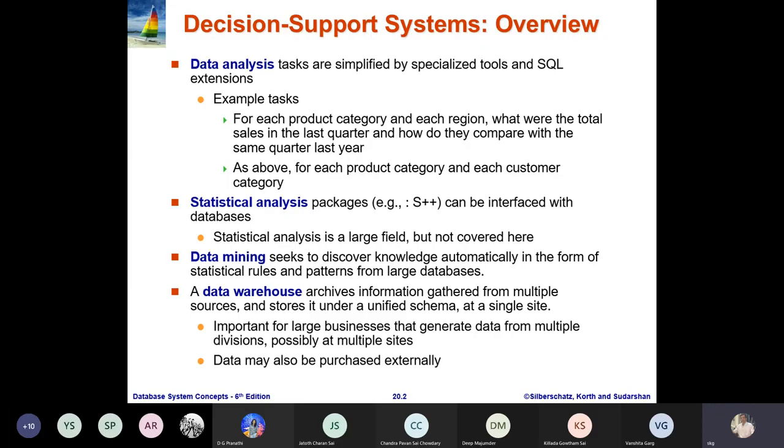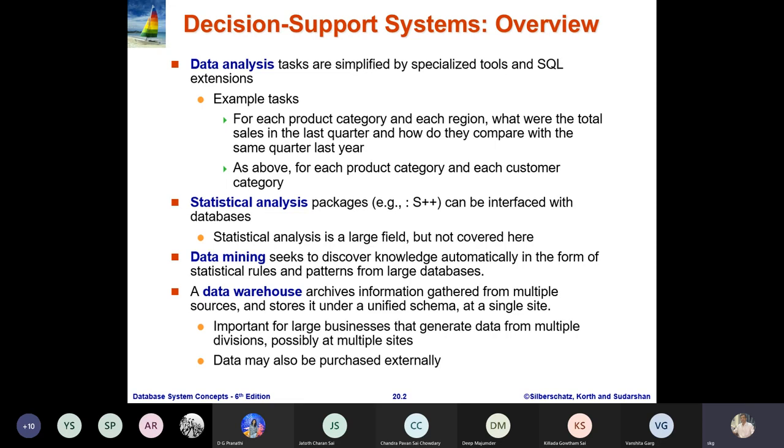In our case, it is more of querying this warehouse or taking intelligent decisions on it. So a data warehouse archives information gathered from multiple sources and stores it under a unified schema at a single site, right. As we are discussing, it collects data from multiple sources and stores it in a single repository logically, under a single unified schema. That is important, as we have seen in the database also.